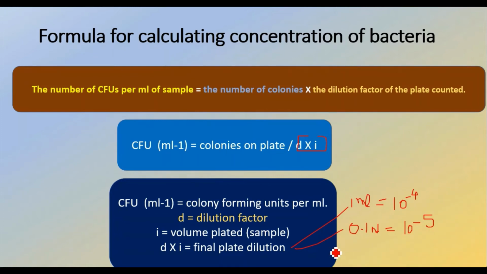The formula for CFU per ml is colonies on plate divided by D into I. D indicates the dilution factor, whatever it is, and I is the volume plated, that means whether you plated 1 ml or 0.1 ml. So this is how you are going to calculate the viable counts.